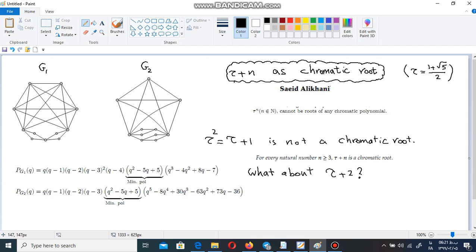You see here two graphs G1 and G2, and the chromatic polynomial written here. As you see, q^2 minus 5q plus 5 is a factor of the chromatic polynomial of G1 and also of G2, and this is the minimal polynomial of tau plus 2.